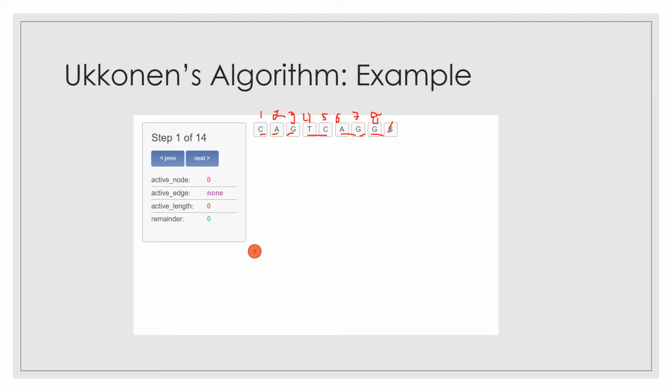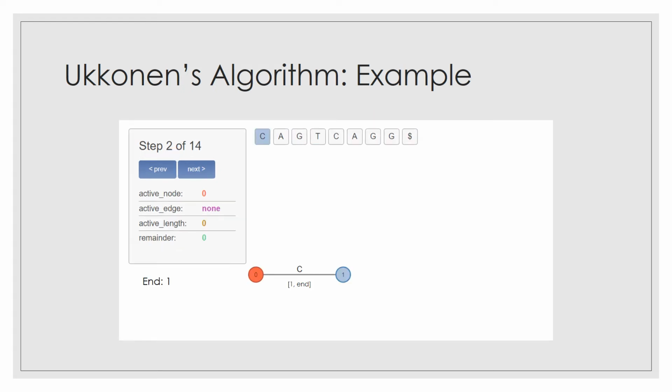Alright, let's start with the first insertion, which is C. As you can see, once we insert C, we look at the active node, which is 0, also known as the root node. Then we look: is there a path for C from the root node?